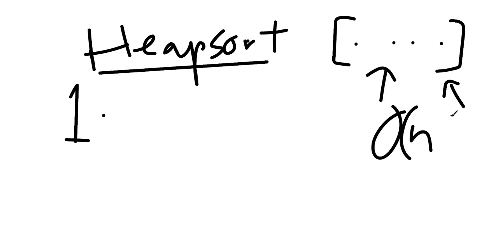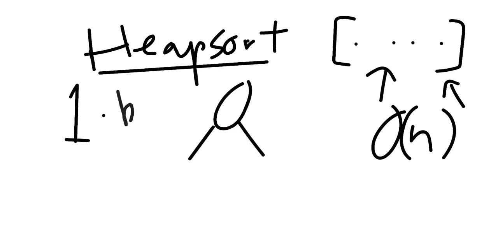So building the max heap takes O of n time. It takes linear time, because what are we doing? Well, let me actually write what we're doing. Build max heap.